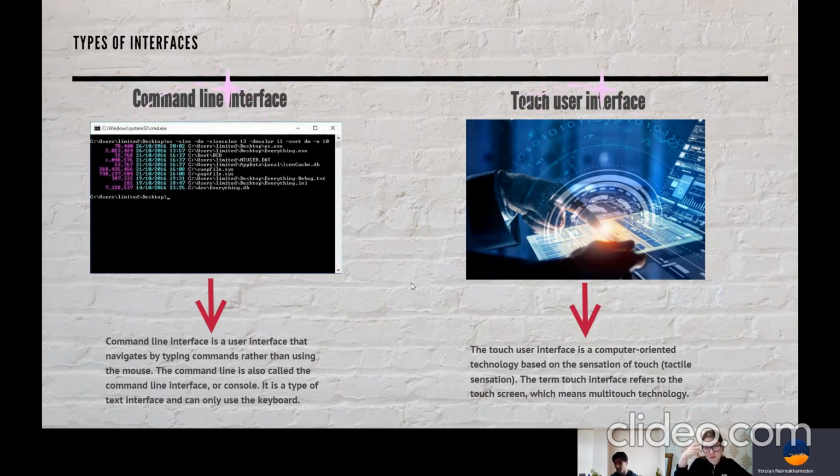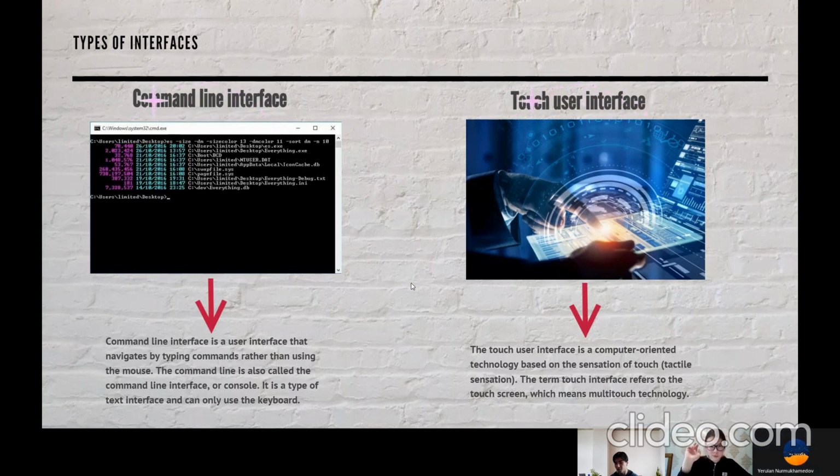Using this interface, the user can select all shortcuts, applications and functions by tapping on the screen. Most of the apps and games that use this interface are optimized for touch because of the widespread use of touchscreens.